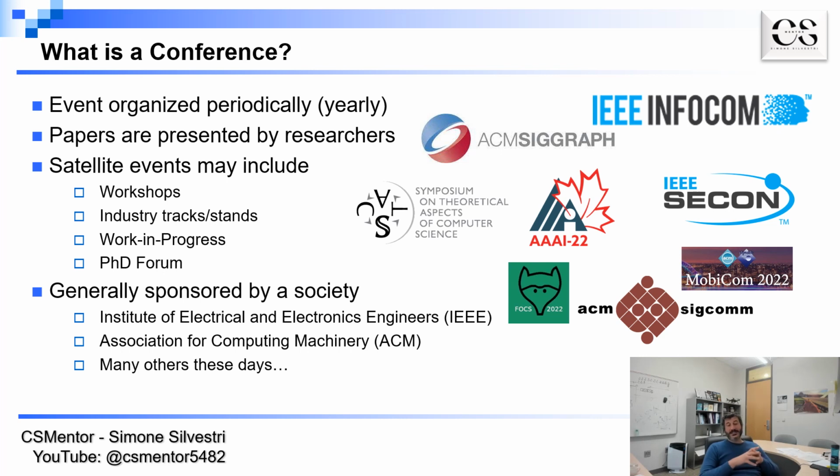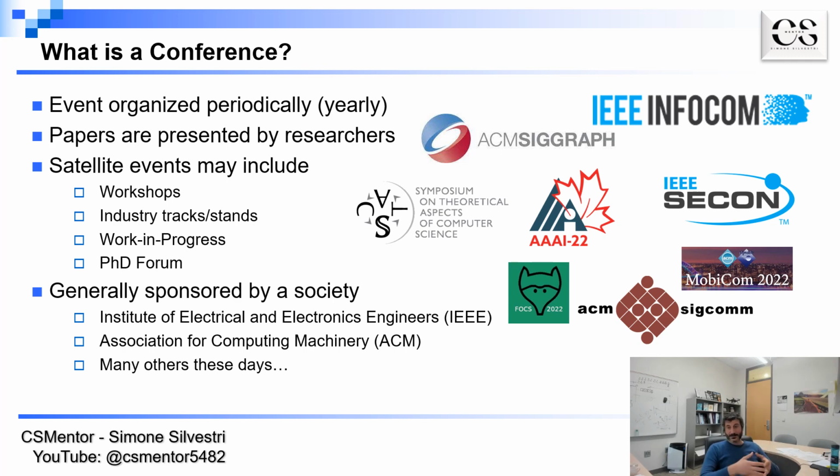So conferences are generally organized and sponsored by a society. And this could be, for example, IEEE or ACM. So these are the two most common societies in computer science and computer engineering.